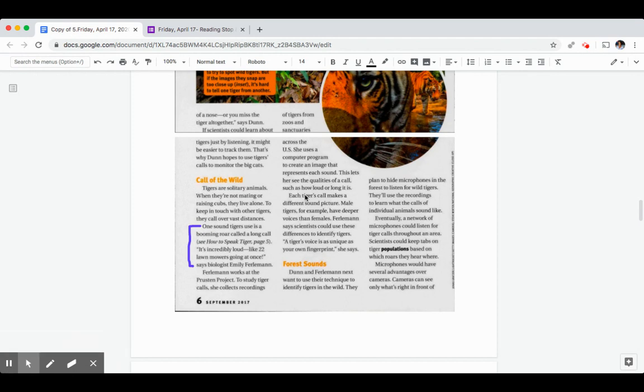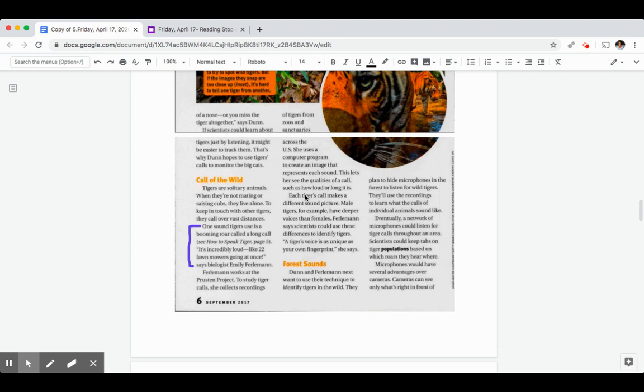First, let's think about the example that they gave. How are our fingerprints unique, or how do they make us unique? Well, our fingerprints make us unique because everyone doesn't have the same fingerprint as you.